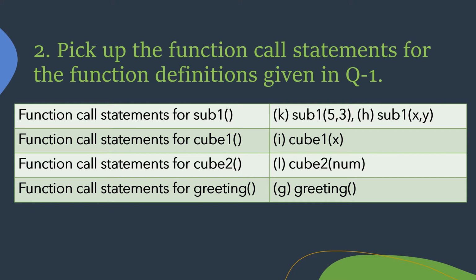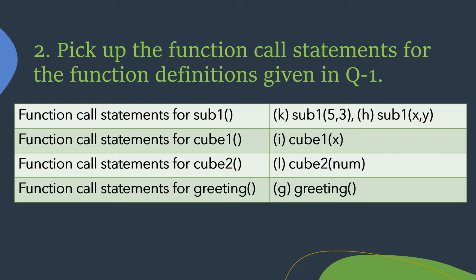Then the function call statement for cube2 can be option L, cube2 with an argument num, because the cube2 function takes one parameter, and this is the only cube2 call having one parameter num, so that can be the possible function call statement.